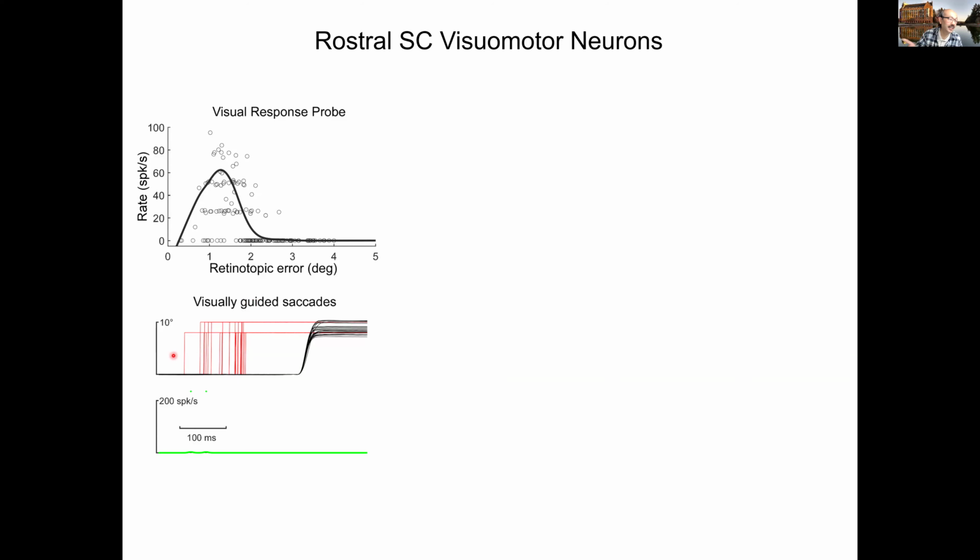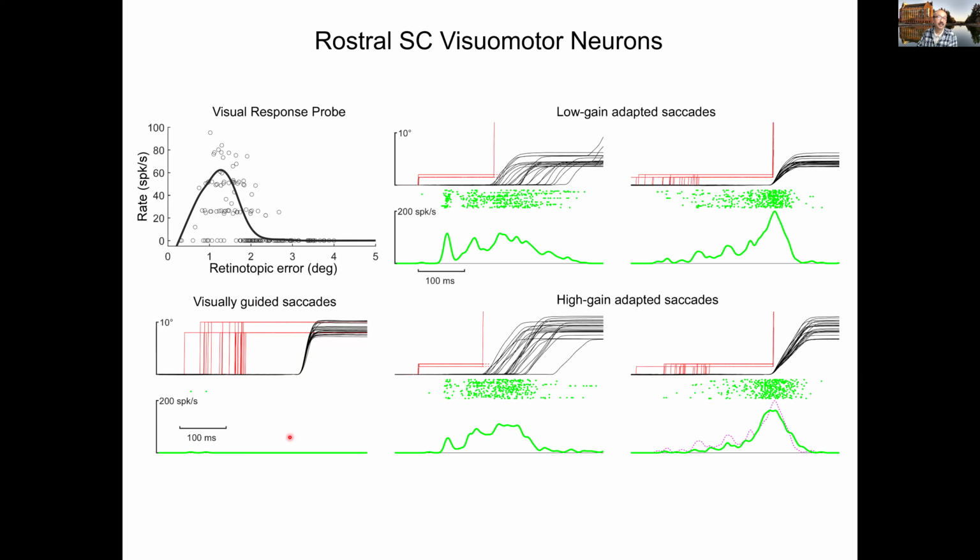If you present a big target like 8 and 10 degrees, as you expect, no activity. It doesn't respond. But now we present the target that we used during the adaptation, which is within the peak of the visual response of the neuron.